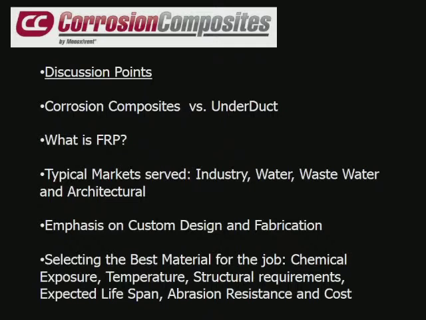A typical fiberglass composite consists of glass strands in a thermoset resin matrix. The glass adds the structural element, much like rebar in concrete does. The resin is a matrix, and the matrix will fill in, and that will dictate the properties like corrosion resistance, temperature limits, toughness, and many other properties.